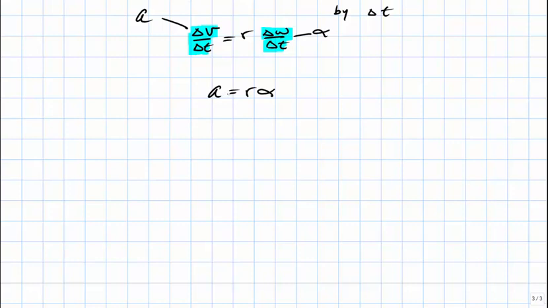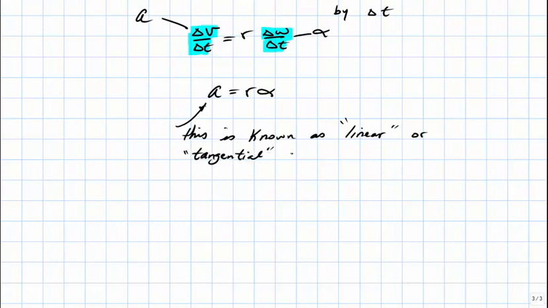So let's just note that r times alpha represents something called linear or tangential acceleration. We're going to label it as A sub t.